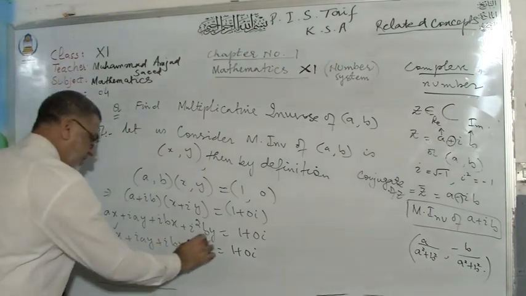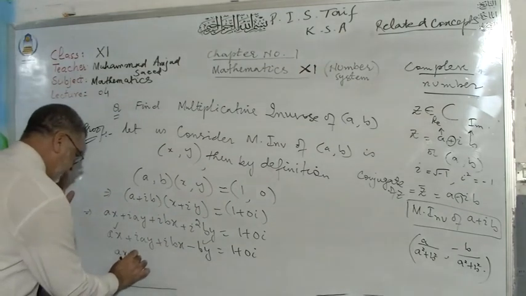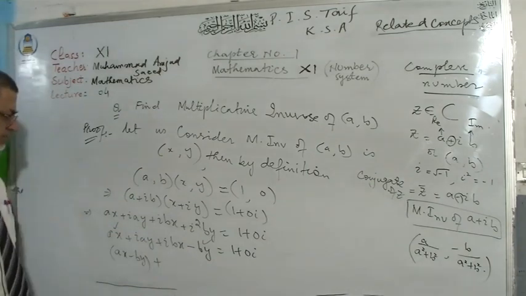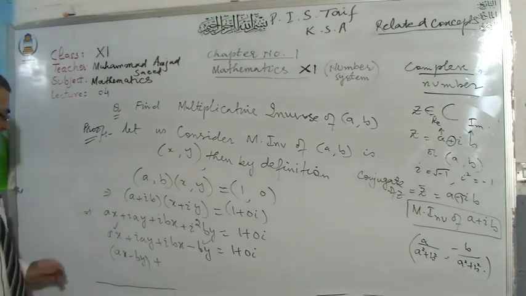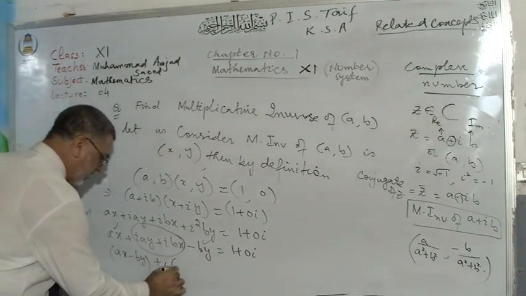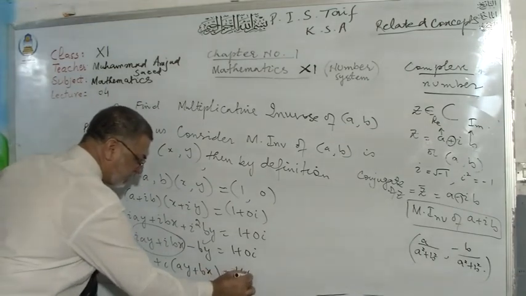This is real: ax minus by. These are two real terms. And here iota is involved in both, so take iota common: (ay plus bx) iota is equal to 1 plus 0 iota.